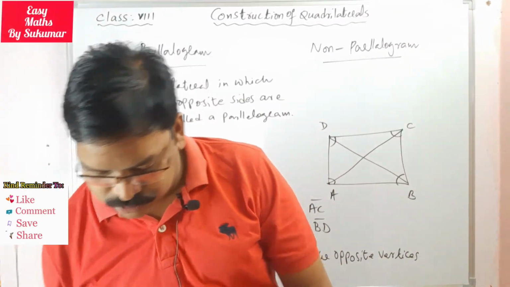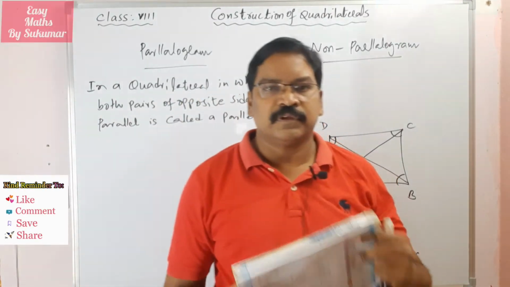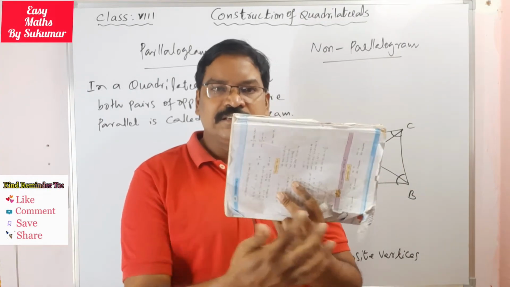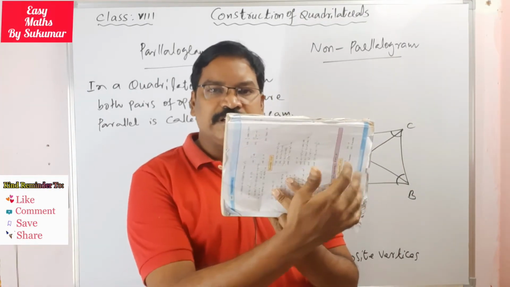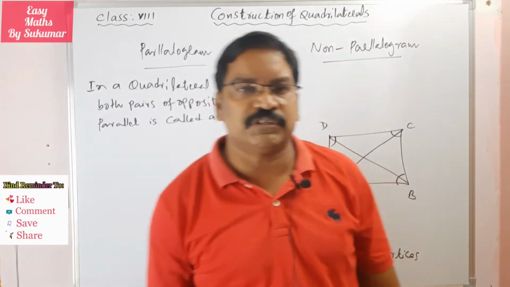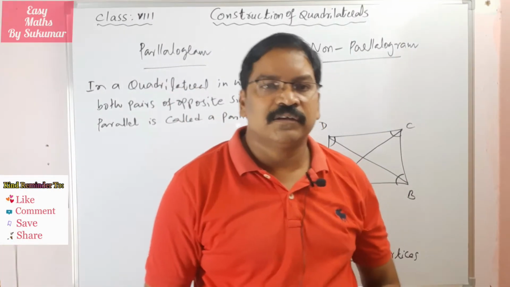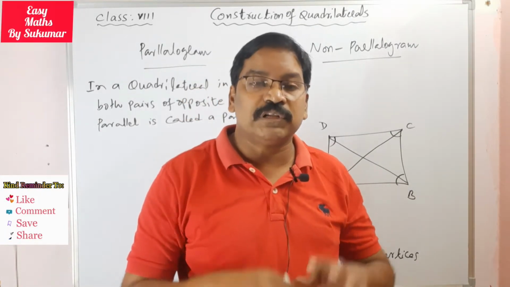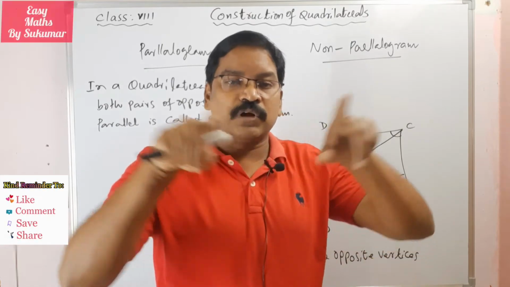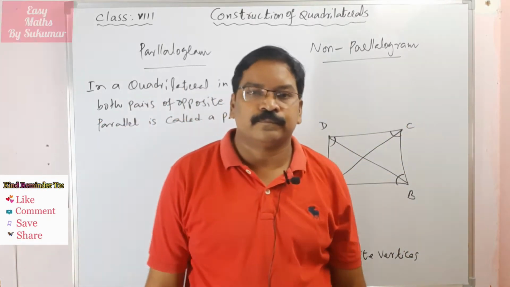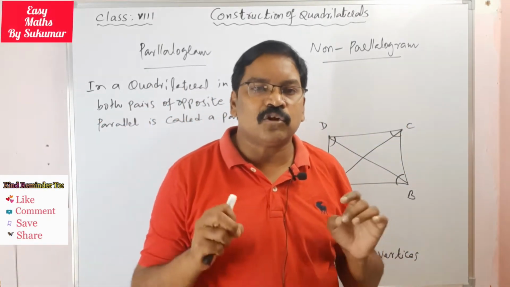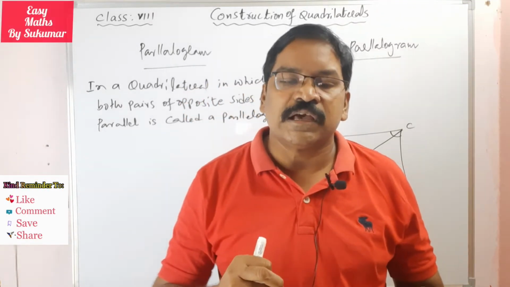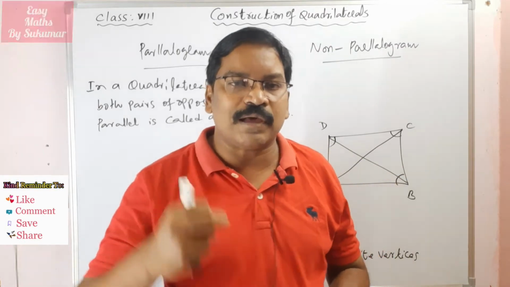Coming to this textbook here, see these two sides and this another pair of sides are parallel to each other. So this book is called a parallelogram. Only I'm saying only the front face. Right. So both pairs of opposite sides are parallel is called a parallelogram.